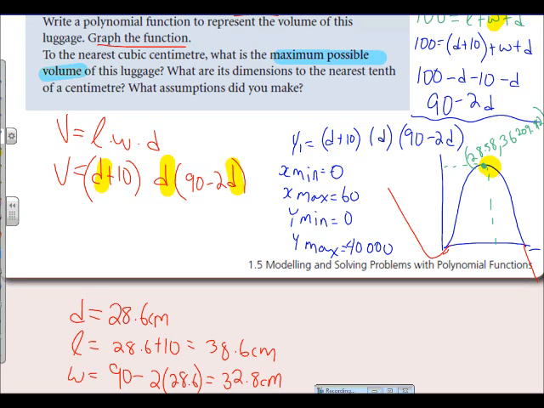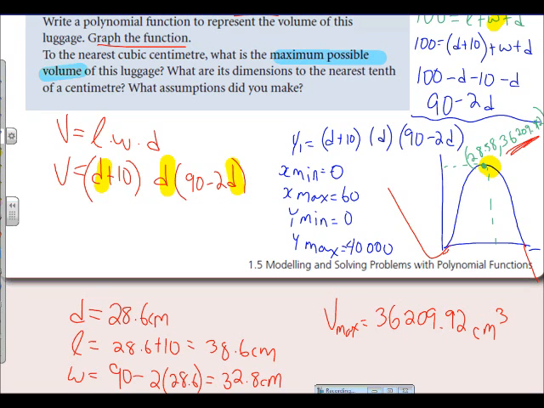And the maximum possible volume, I'll put V max, is equal to 36,209.92 centimeters cubed, cubic centimeters, or approximately 36,210.